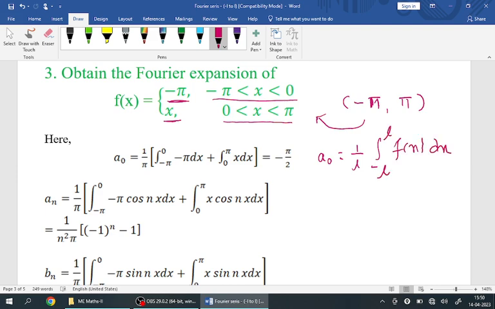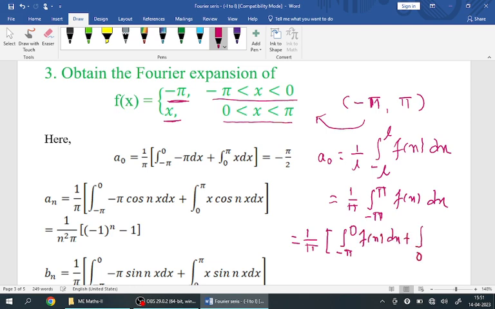Next step, you can write it as 1 by pi integration minus pi to pi fx dx. But now this integral minus pi to pi, we have to split as 1 by pi as it is, and the integral is minus pi to 0 fx dx plus integral 0 to pi fx dx.